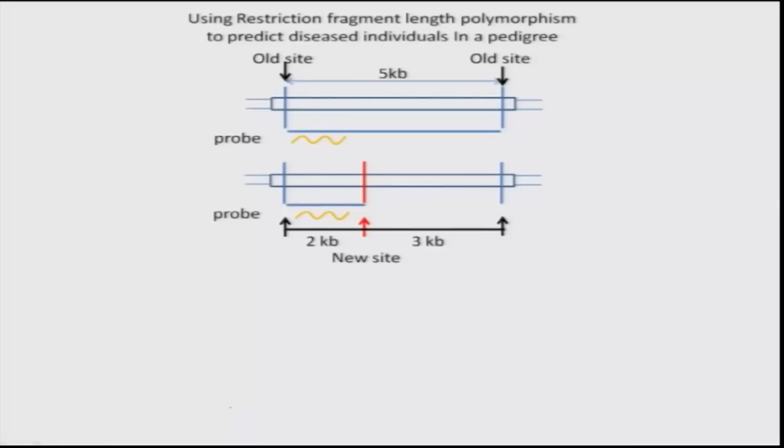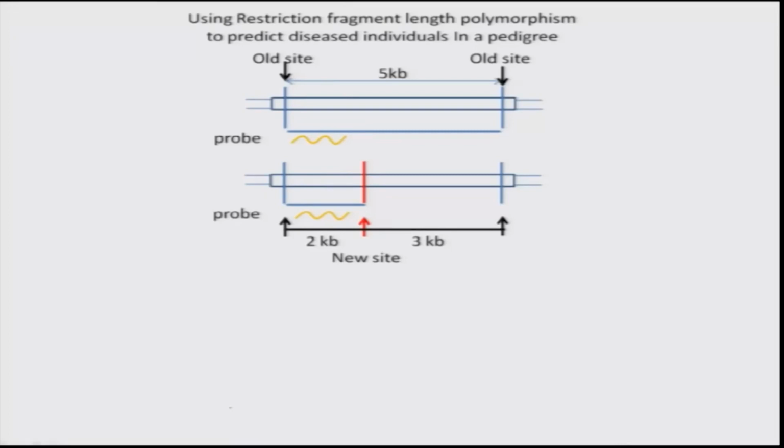Like I show you over here, this is a cartoon of a gene which I have drawn, a 5 kb fragment, and it has 2 restriction sites on either side, which if the gene is digested with those, leads to the 5 kb fragment. And here I have shown a probe against a specific region of this gene, which, as you have learned in the southern blot technique in the previous lectures, will give you a band on the autoradiogram of 5 kb.